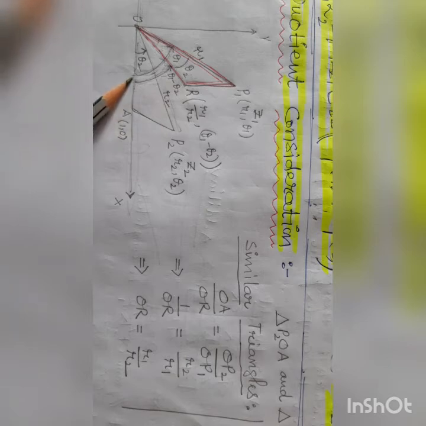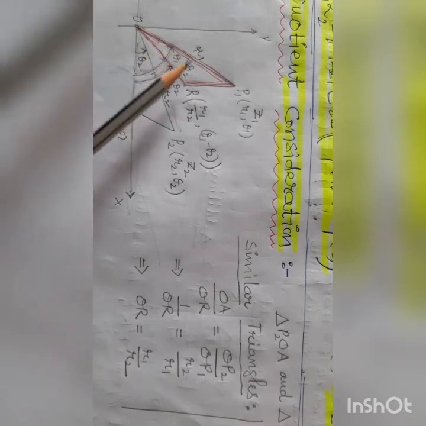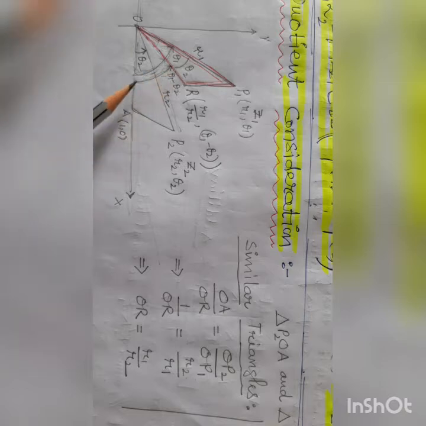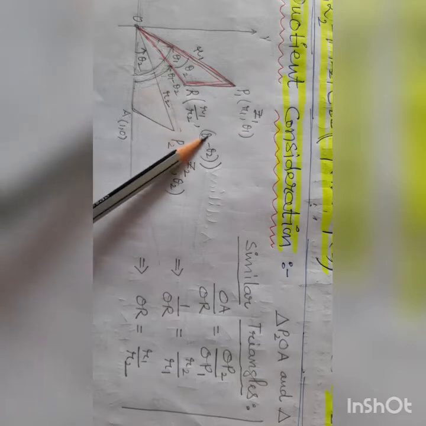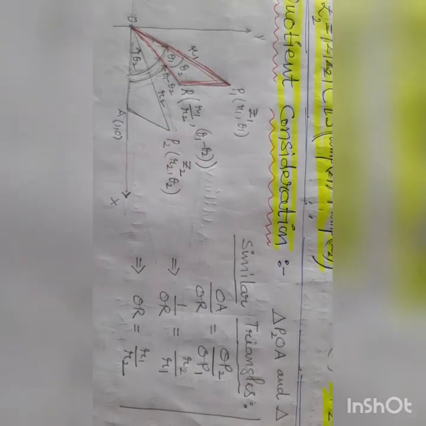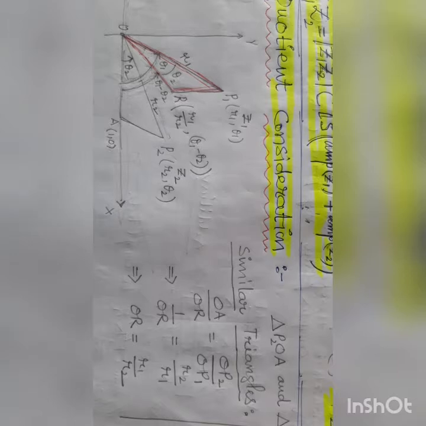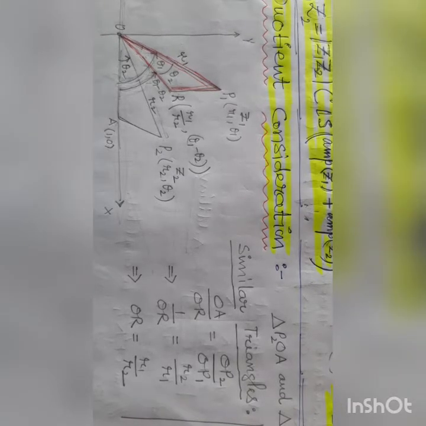That's why totally this is theta 1, minus this theta 2. Then what will we get? We will get this part, theta 1 minus theta 2, that is the amplitude. Therefore, the complex number form is R1 by R2 of cis of theta 1 minus theta 2. That is given here. It can be told as R1 by R2 cis of theta 1 minus theta 2. Okay?